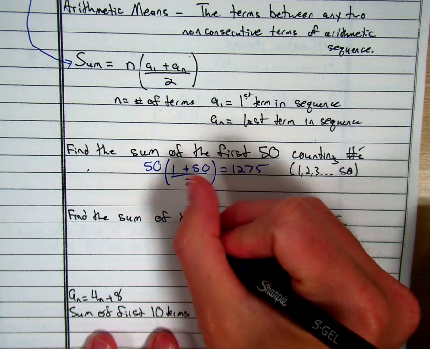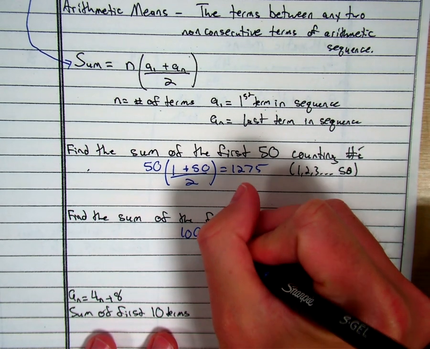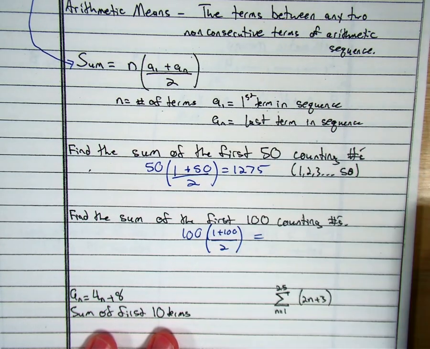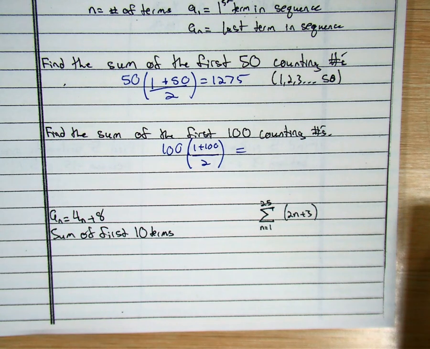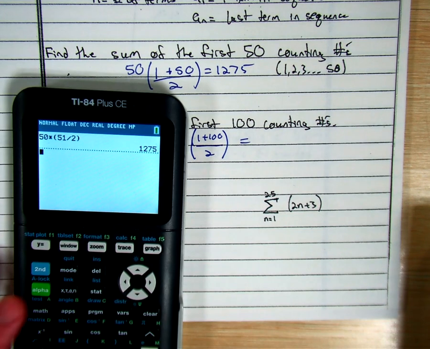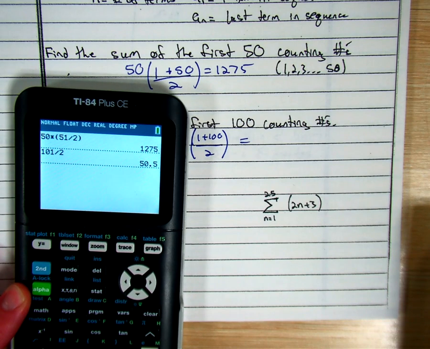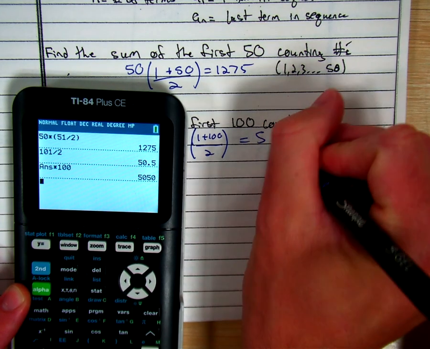So we'll have 100 total terms. 1 plus 100 over 2. Okay, and when you're typing that in, I would do 1 plus 100, have 101 divided by 2 times that 100 in the front. And we got 5050.